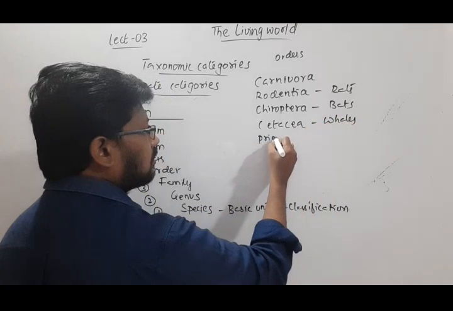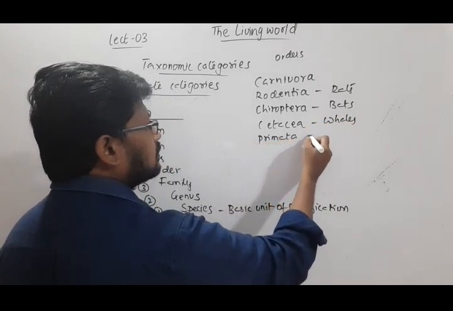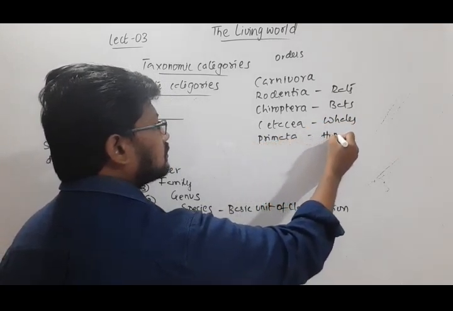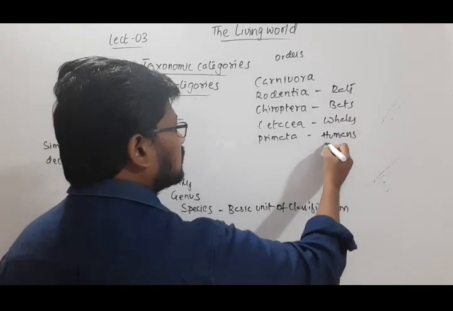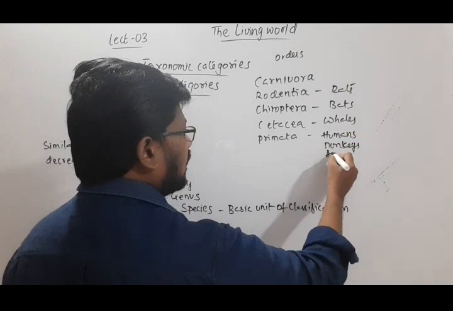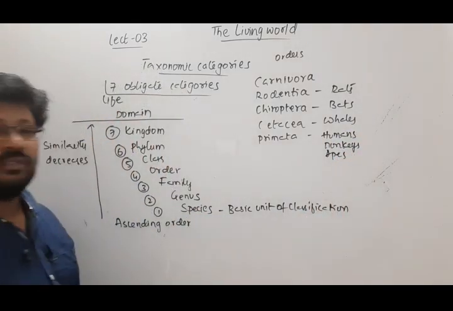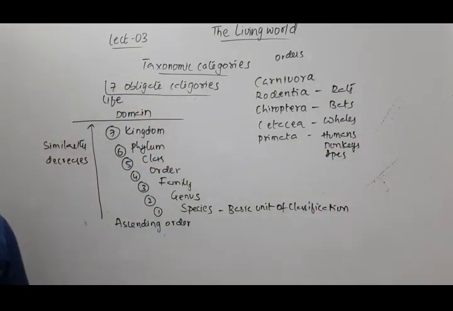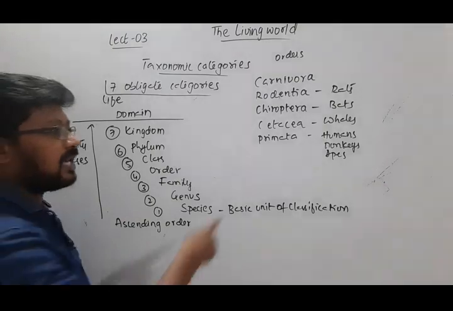Then another order called Primata, which includes humans, monkeys, and apes. So they are different groups, and all these are usually included under the order called Primata.